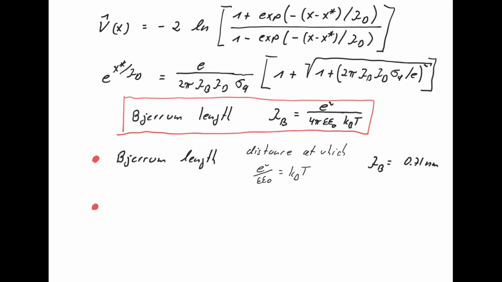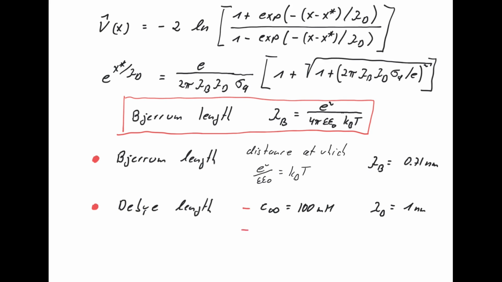Now again, it's good to look at the Debye length, and what we saw is that the Debye length depends on the concentrations of the ions. Typically in cells we have 100 millimolar ions, and the Debye length is as small as 1 nanometer, so very comparable to the Bjerrum length.